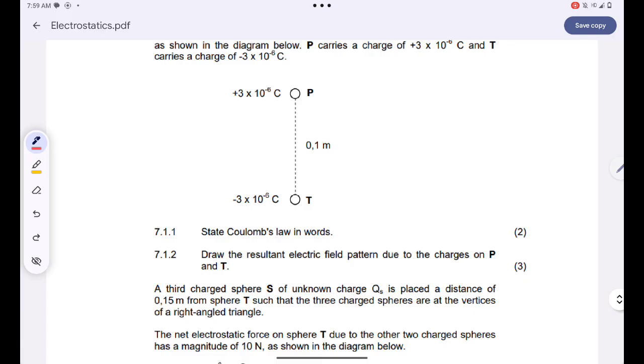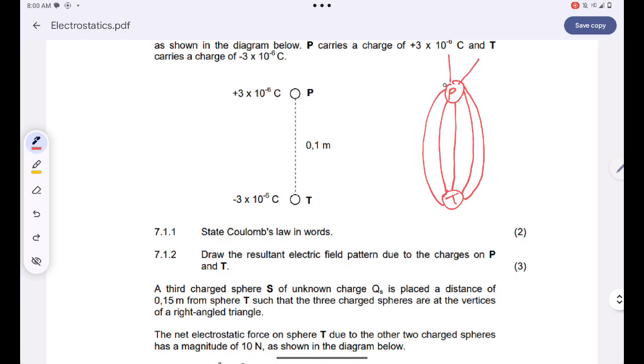Okay, now they want us to draw the resultant electric field. Okay, we have sphere P over there and T. That's T and that's P. They have different polarity, so they'll definitely attract one another, which simply means there will be a transfer of electrons.